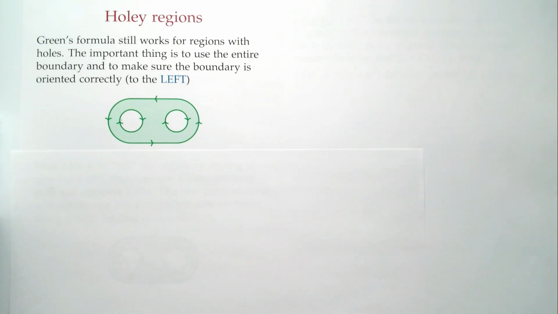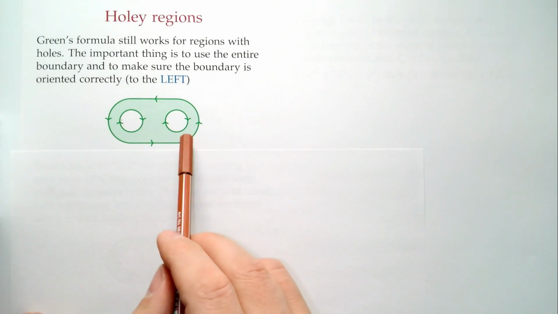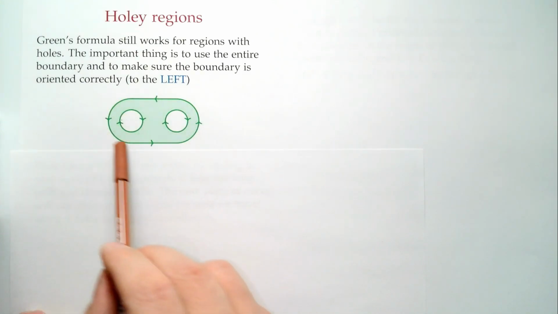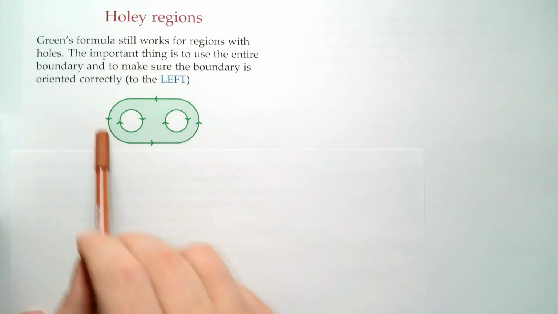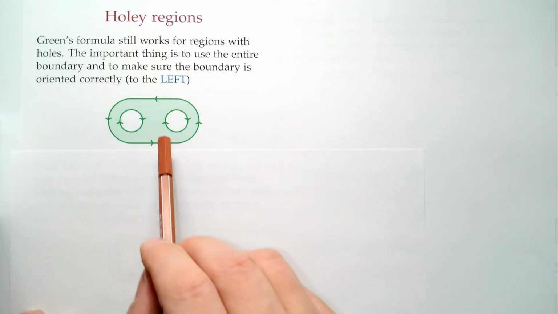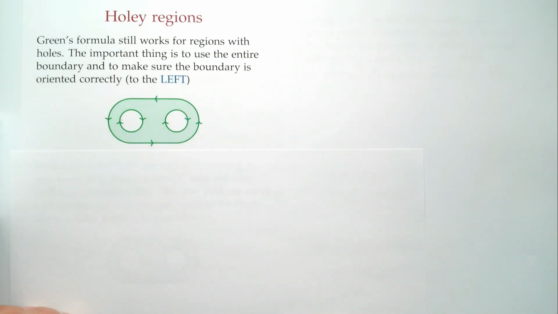And the other thing is you have to make sure that the boundary is oriented correctly. So that is to say, you always keep the region to your left-hand side. That's why I don't like to use the terms counterclockwise or clockwise, because once you start putting holes in things, it doesn't work. So if you check, you'll see here on the outside, it's running what we would call counterclockwise, but on the inside, it runs clockwise.